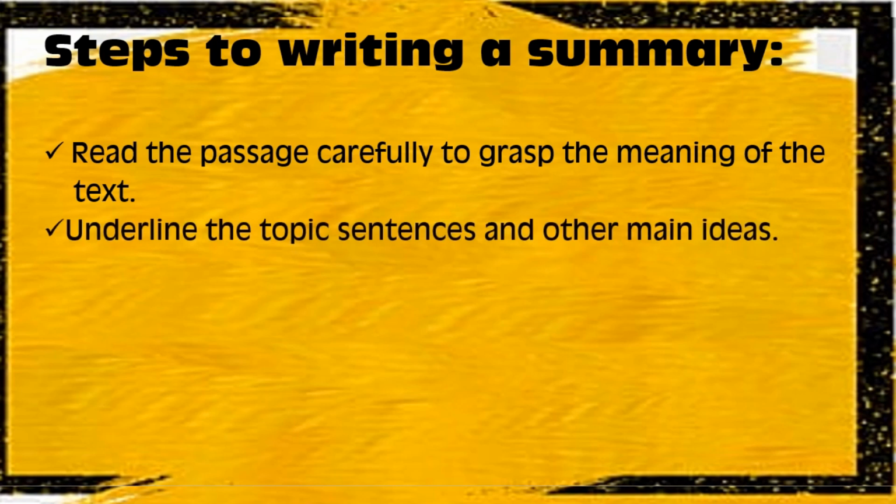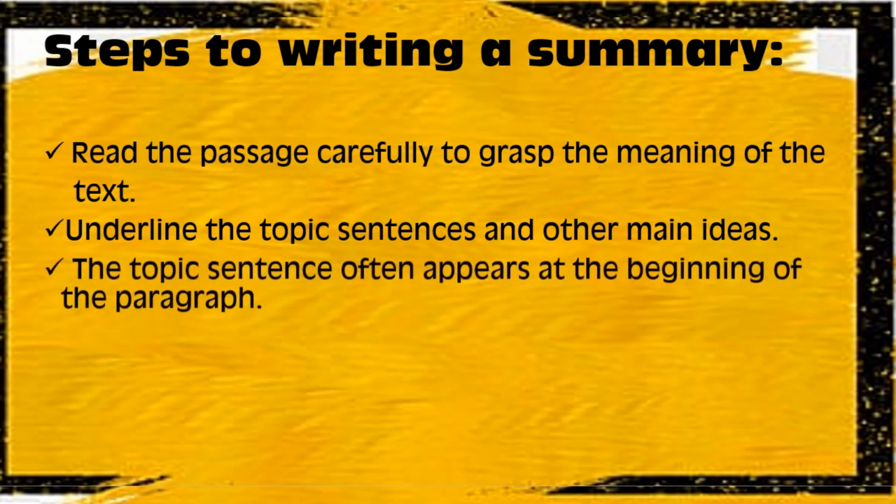Underline the topic sentences and other main ideas in the passage. Make sure you can identify the main ideas. Usually the topic sentence appears at the beginning of a paragraph. So once you read the first line in a paragraph, the topic sentence is usually there.